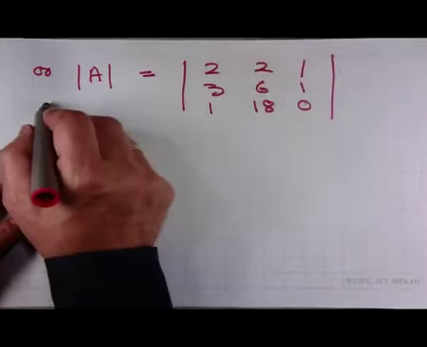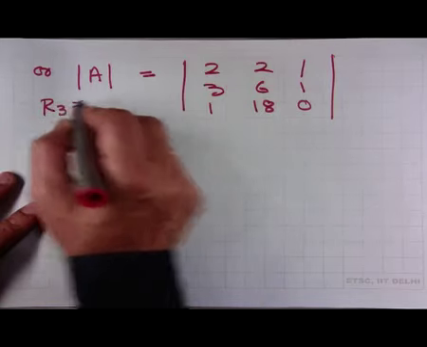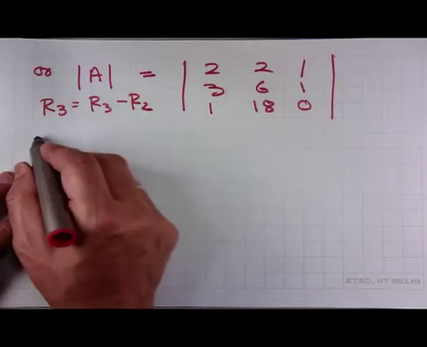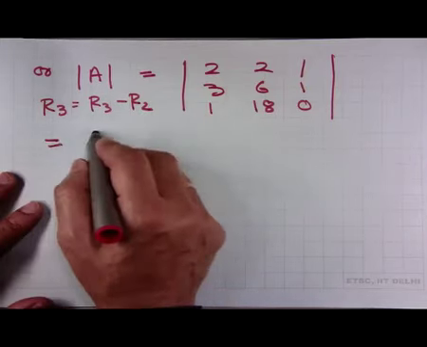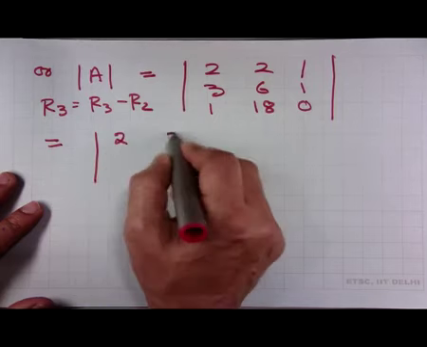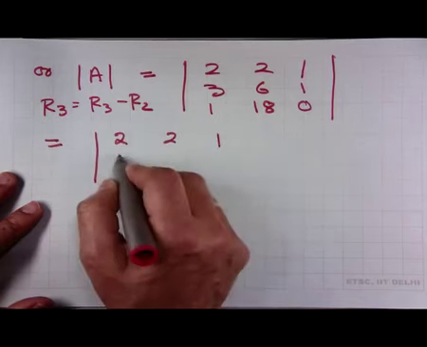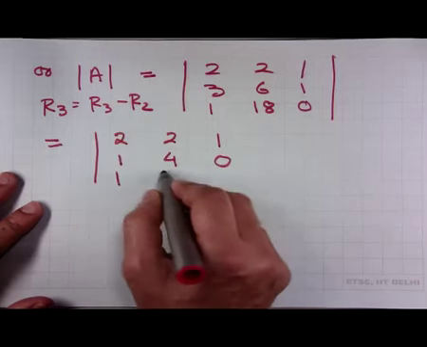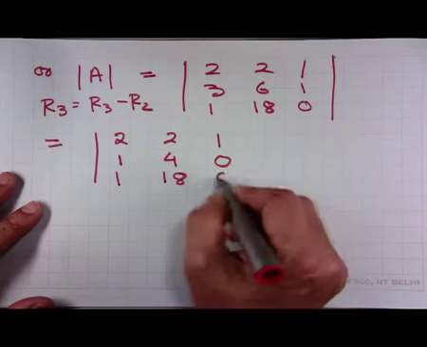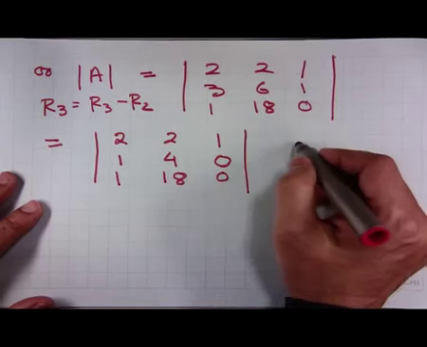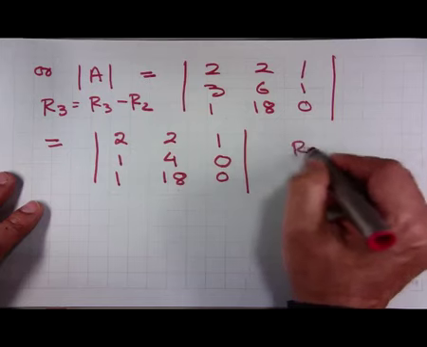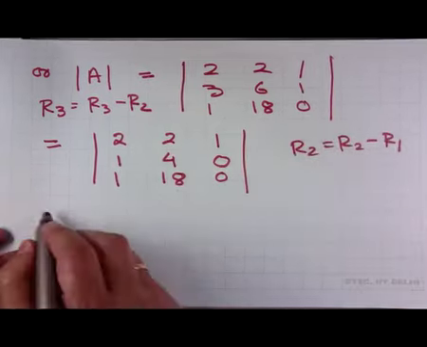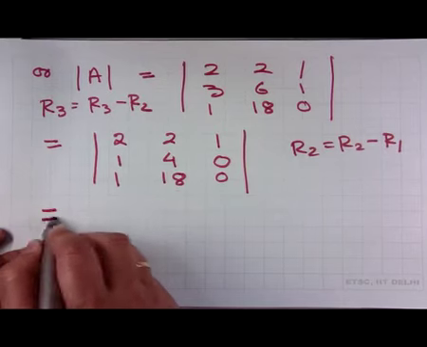This we get by making R3 is equal to R3 minus R2. That is equal to determinant of 2, 2, 1; 1, 4, 0; 1, 18, 0, and this we get by making R2 is equal to R2 minus R1.